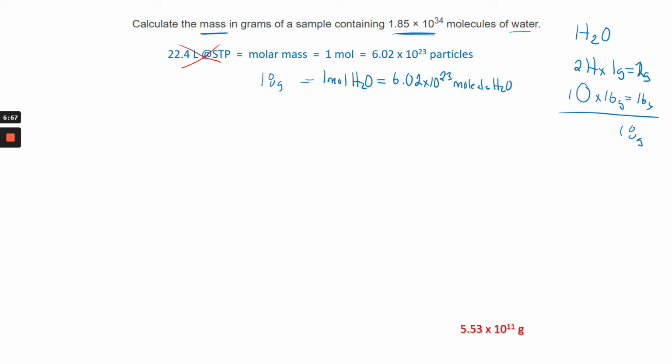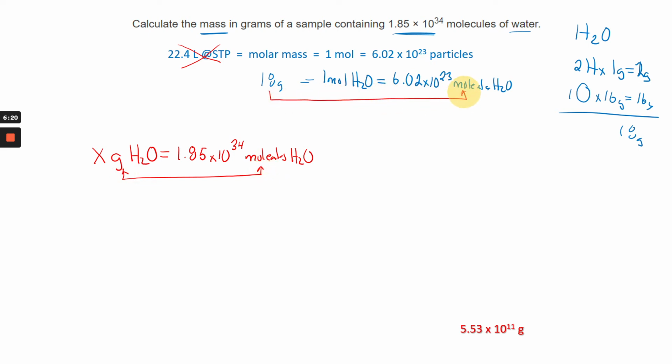So the question says, calculate the mass of water that is equal to 1.85 times 10 to the 34th molecules of water. So I'm looking for a conversion between molecules and grams.